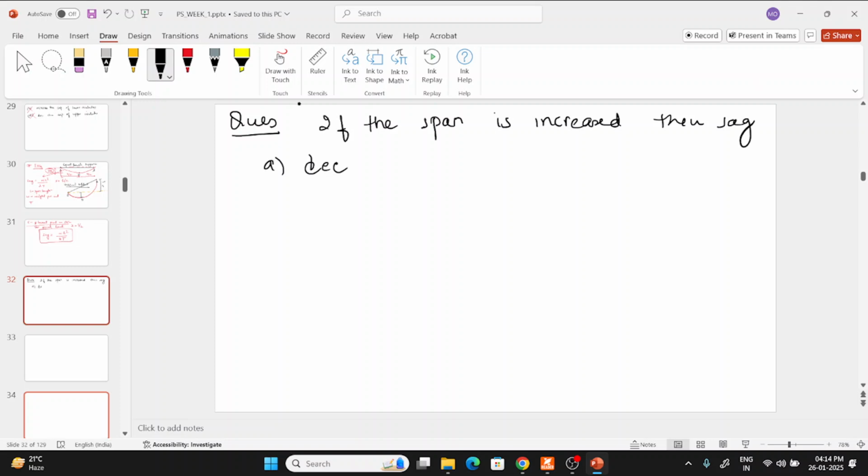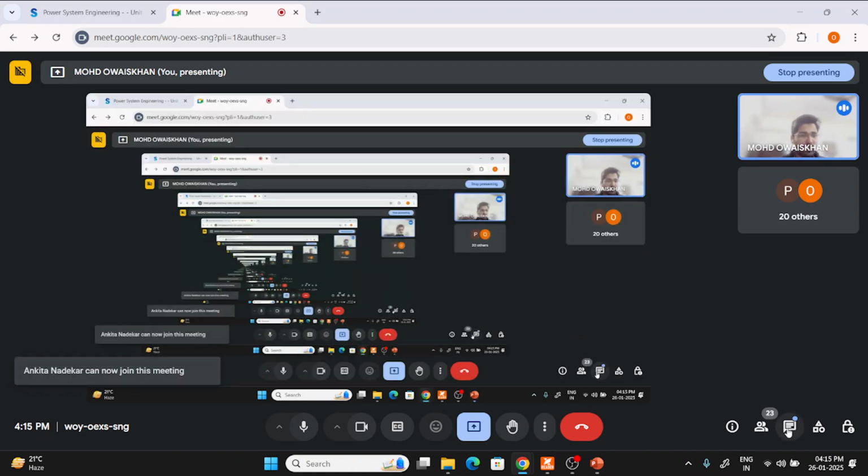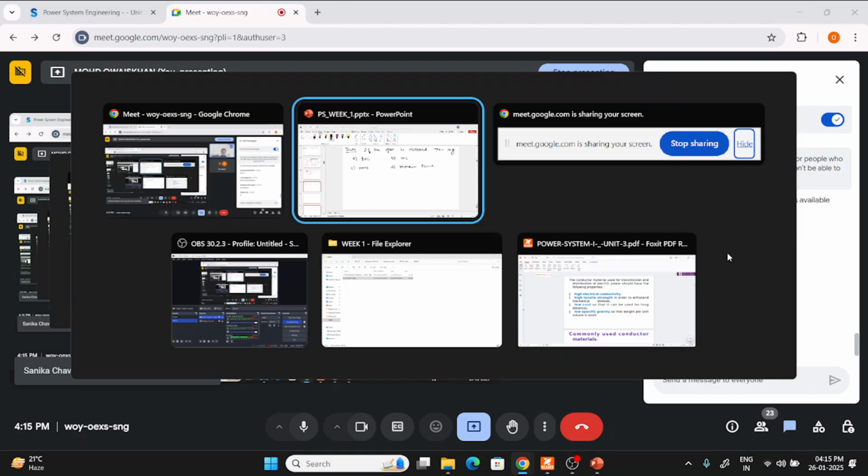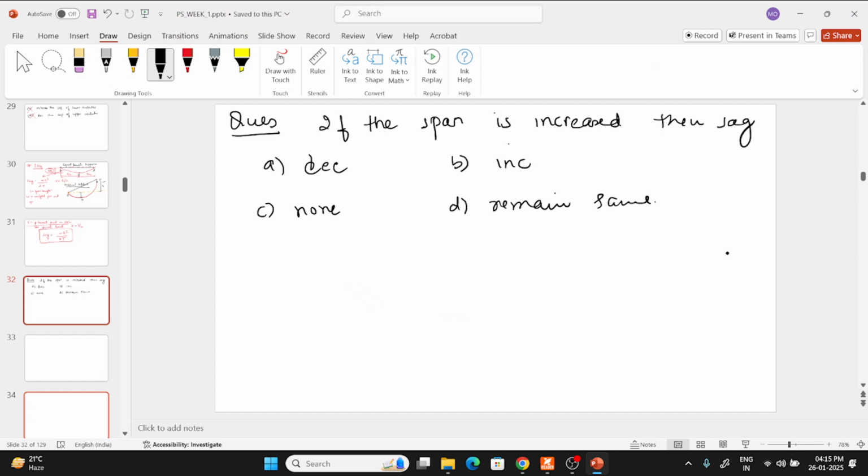A, decrease; B, increase; C, none; D, remain same. You should answer that in the chat box. This is question number 6. Yes, sag is directly proportional to span length, so it will increase.